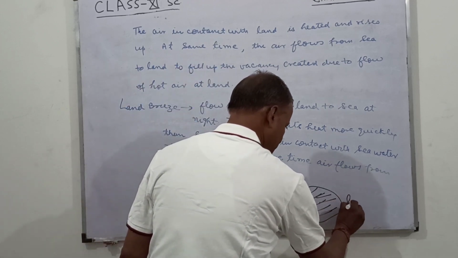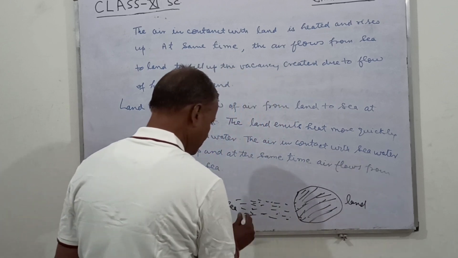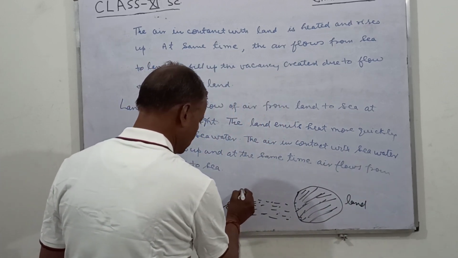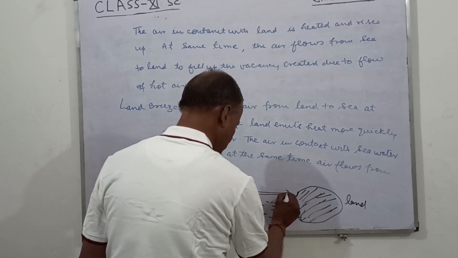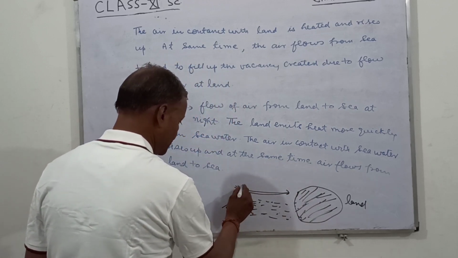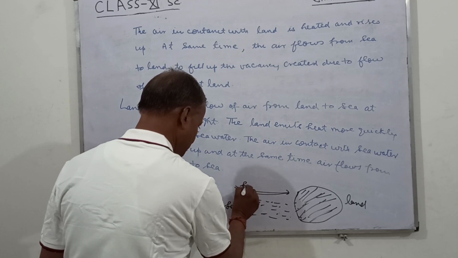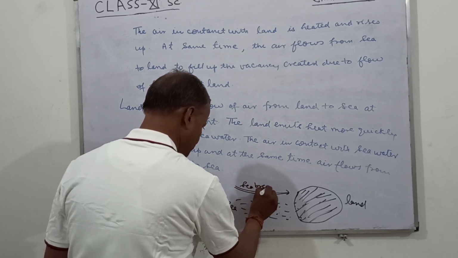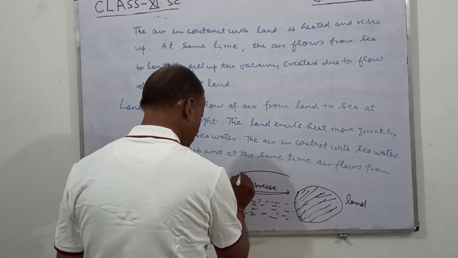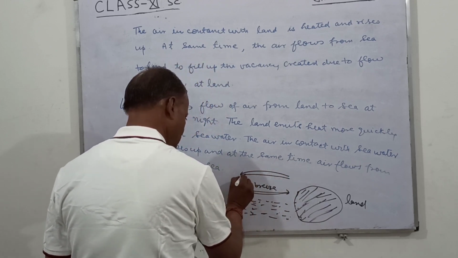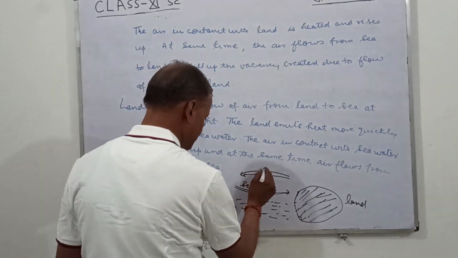This is land. The air like this is the sea breeze. And the air flowing like this is the land breeze.